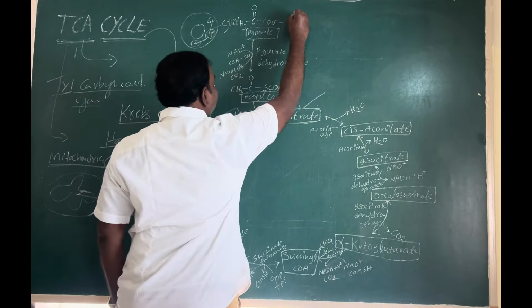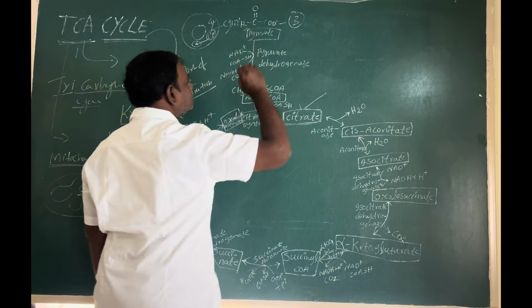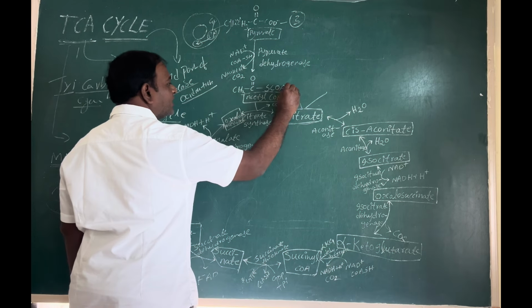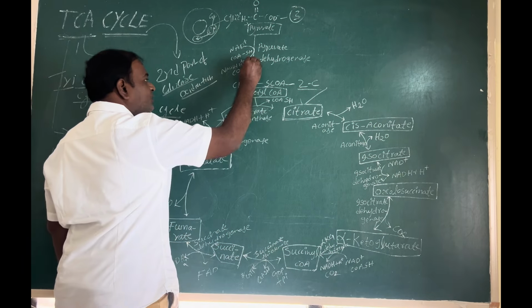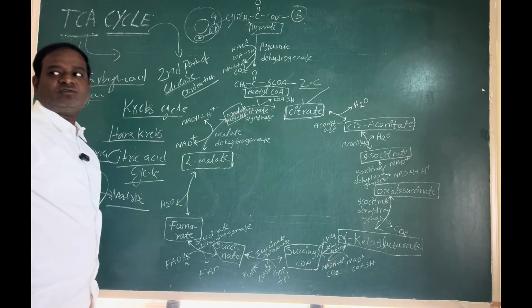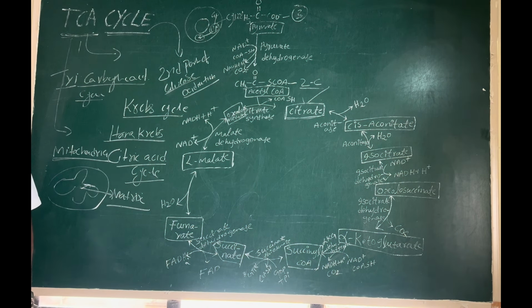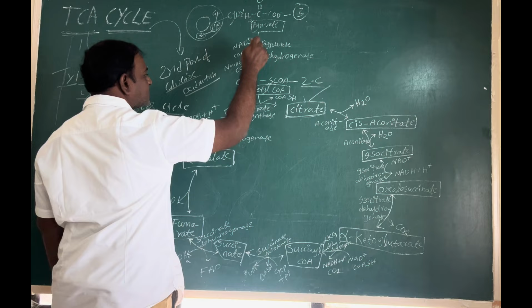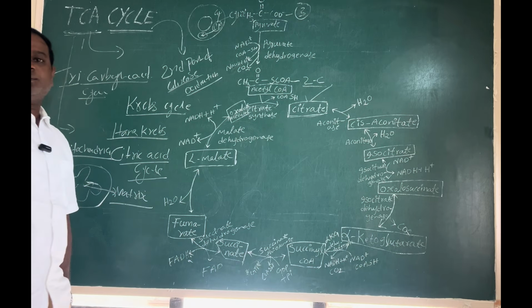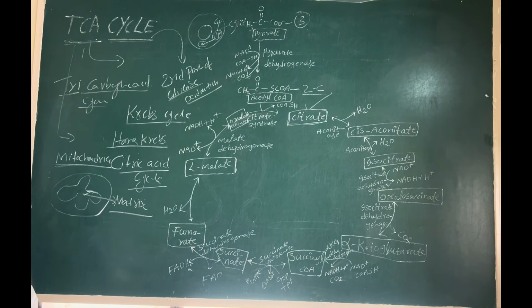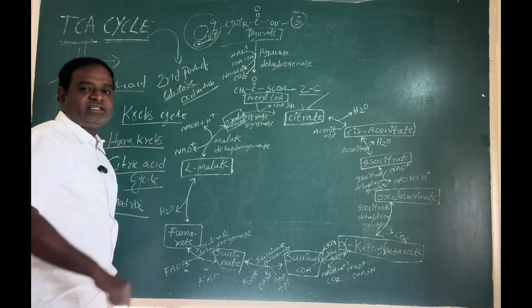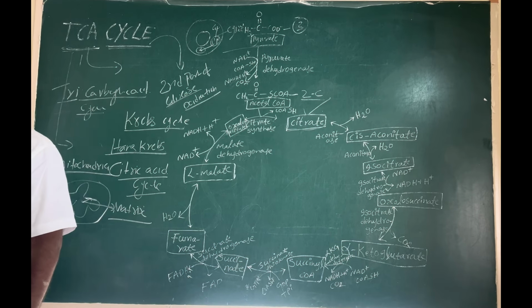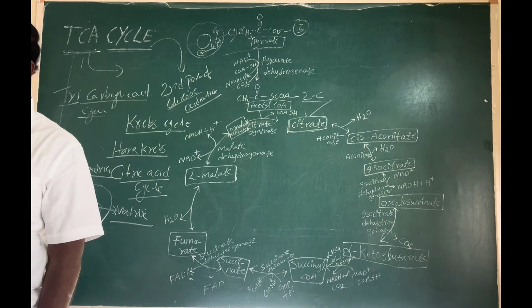Pyruvate is a 3-carbon compound, but acetyl CoA is a 2-carbon compound. Here, one CO2 is released. That's why the 3-carbon compound is converted into 2-carbon acetyl CoA. And this reaction is the connecting link between glycolysis and TCA.